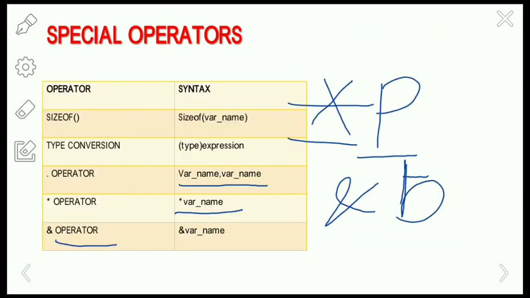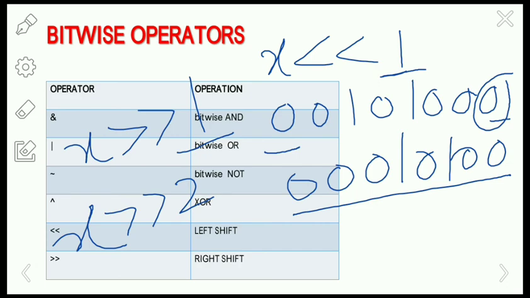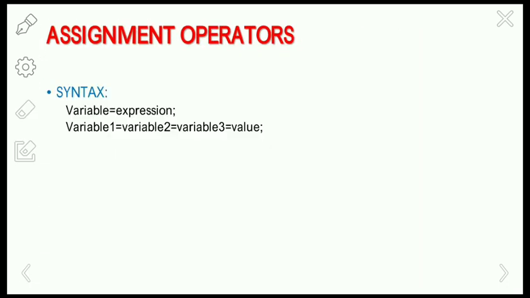So this is about the different types of operators. Here we have seen about the operators. So what about the expressions? An expression is nothing but a statement, or if there is a formula, then it is called an expression.